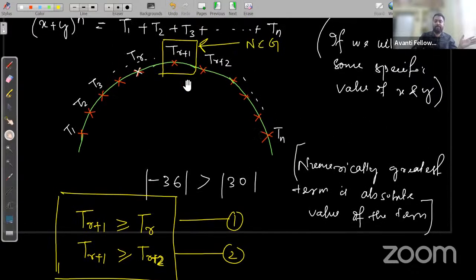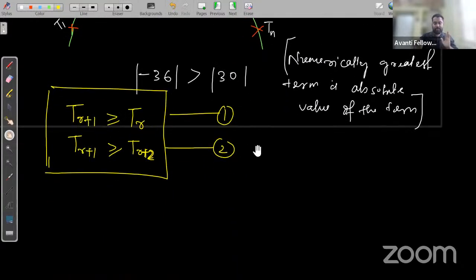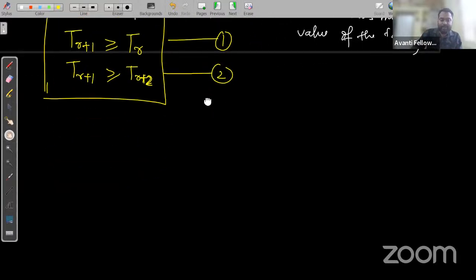If T r plus 1 is the numerically greatest term, it is greater than or equal to its immediate right term, T r plus 2, and also greater than or equal to its immediate left term, T r. Is it clear or not? Simple. Now, let us consider the first case.